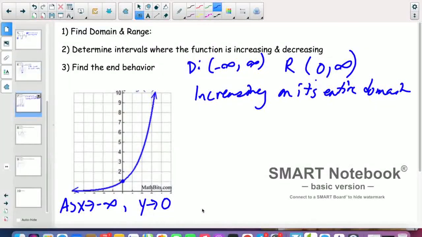And then for the right-hand side, as x approaches infinity, y also approaches infinity. So when you're dealing with an exponential equation and it has a horizontal asymptote, as you move, it could be left or right, but one of them is going to approach the asymptote for the y.